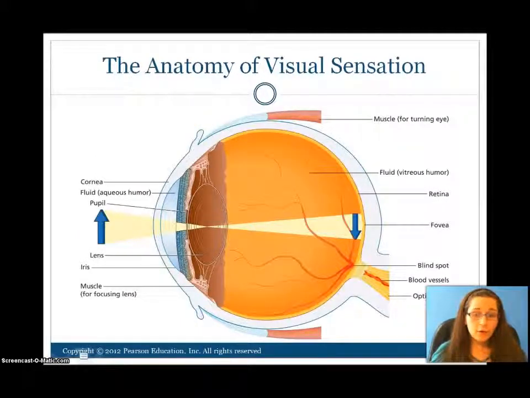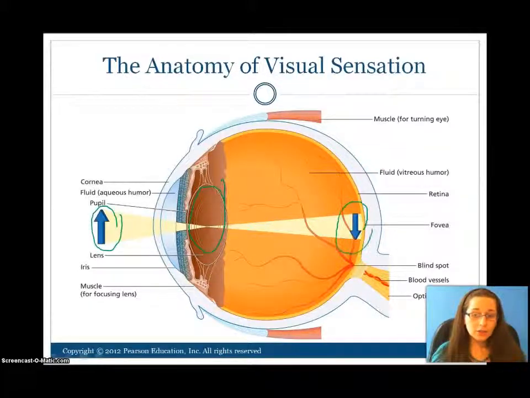In terms of the eye overall, we can see some of the major pieces. We have our cornea and our lens at the very beginning, where the light's going through. We notice that in one area, images are up and down. So for example, when I look at something, I have a top and bottom relationship. When it goes through your eye and through the lens, it actually gets reversed.